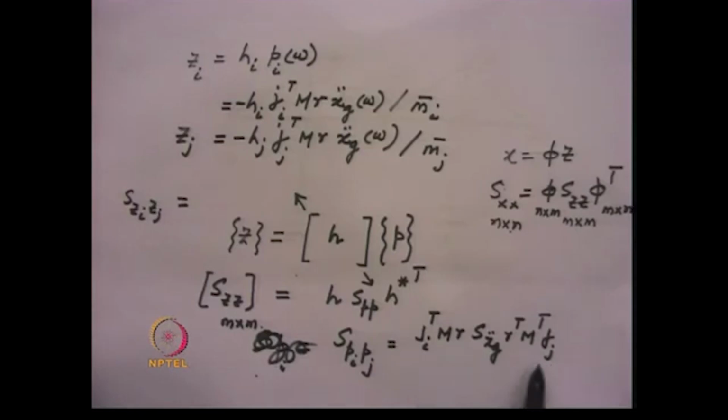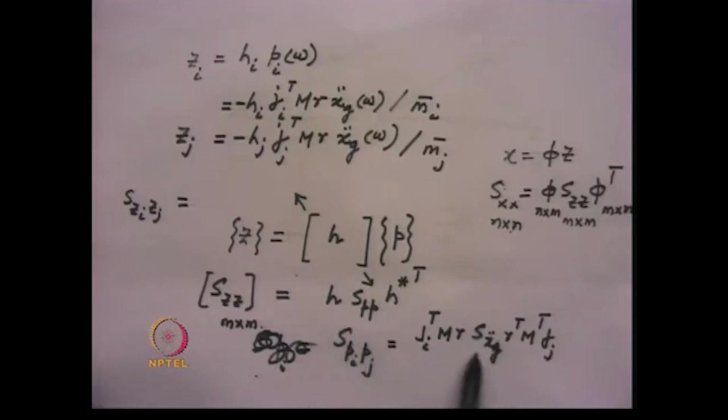This will be the ith mode shape and this the jth mode shape, and the rest, M and r etc., are known. So one can obtain the value of S_pipj.